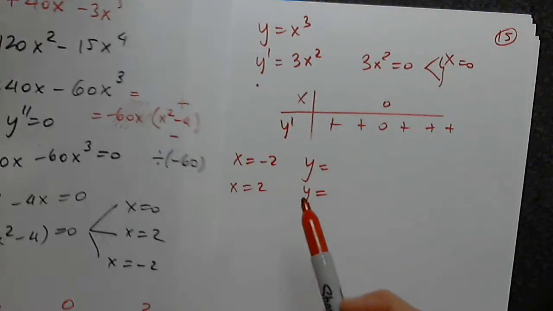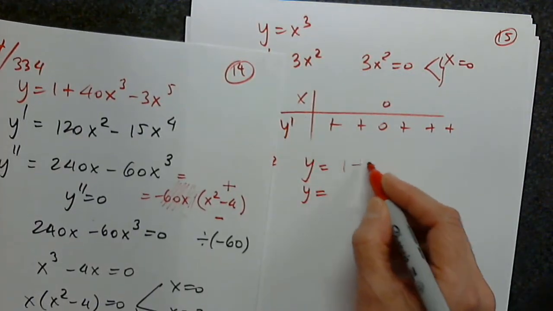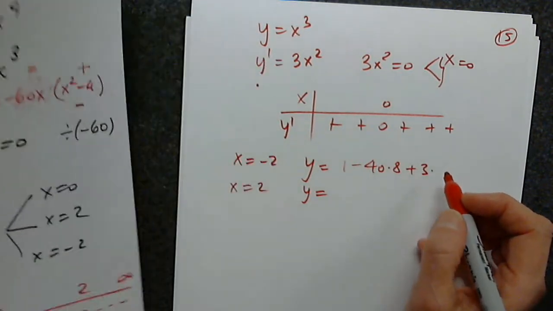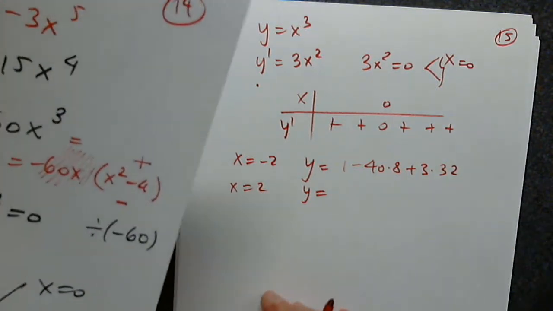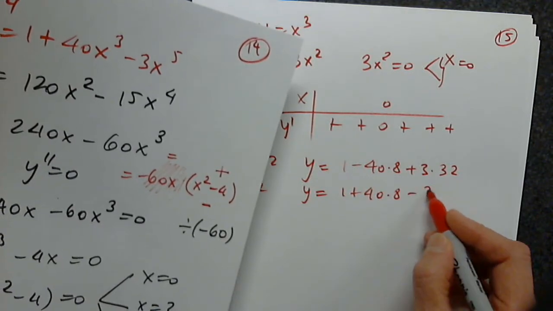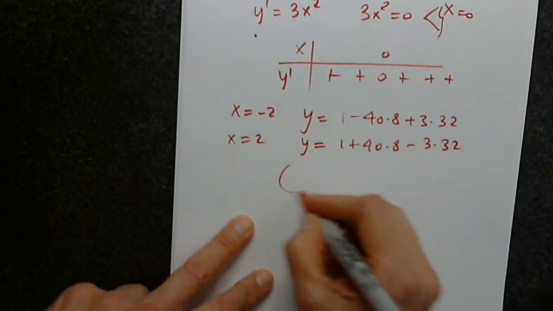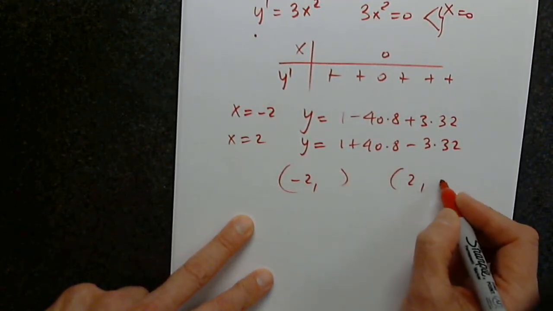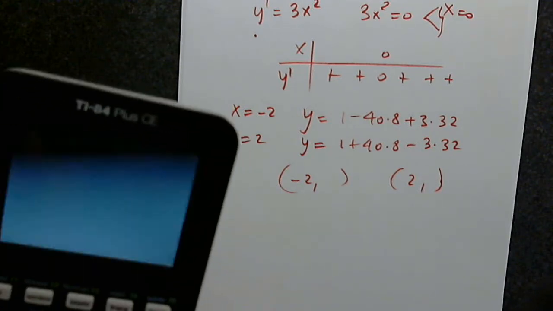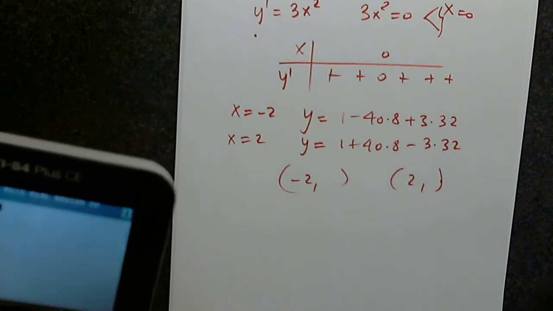Yes. So at -2, it's 1 minus 40 times 8 plus 3 times 32. And this one is 1 plus 40 times 8 minus 3 times 32. If you give me these numbers, I'll give you the points. So what is it? 1 minus 320 plus 3 times 32.